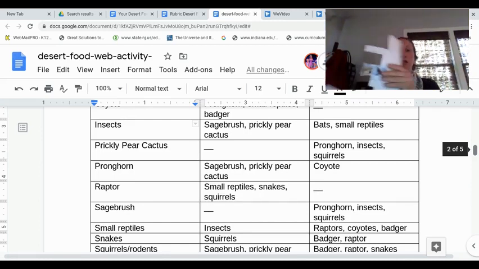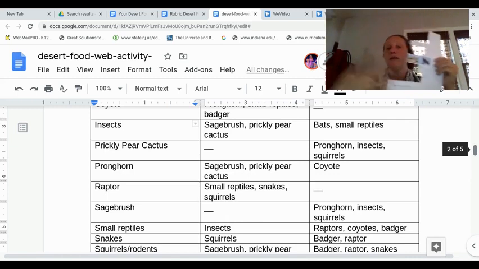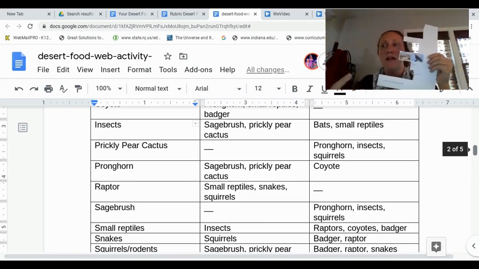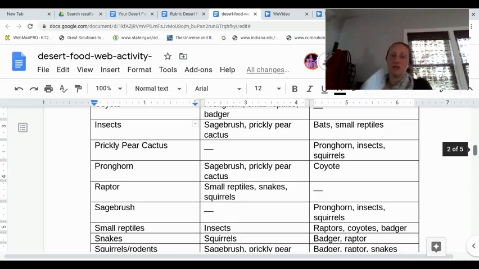I also suggest, I've seen students when they've done this, they cut all the pictures out at first and then they lose them. So cut them out as you need them, because if you decide to take a break or you have a cat or something at home or a little brother or sister, you might lose it. All right. So I'm taping my pronghorn down.